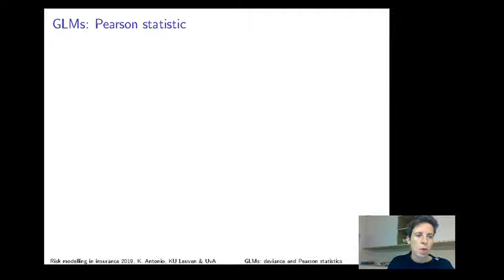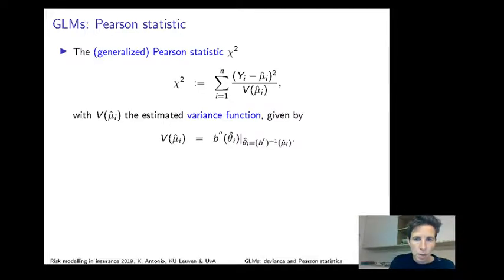Now, next to the deviance and the scaled deviance test statistic, another useful statistic for inference in the GLM setting is the Pearson statistic, denoted here with chi-square. And this statistic is defined as the sum of the squared differences between the response variable yi and its mean, as estimated by the regression model under consideration.